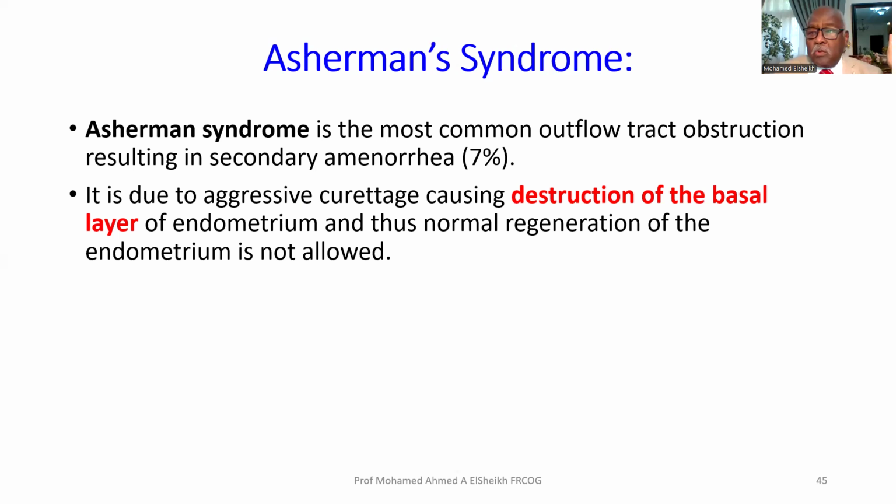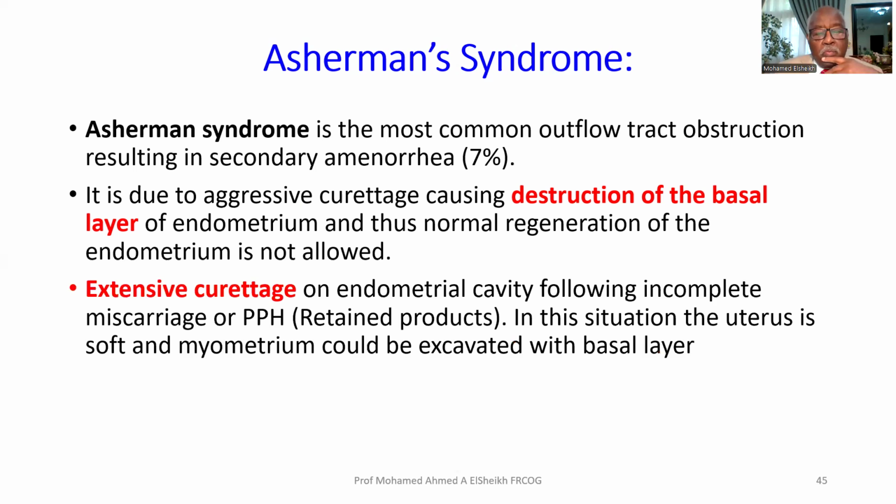Aggressive curettage causes destruction of the basal layer, because in curettage we take the superficial layer or the middle part of it. But if you take the basal layer, which normally regrows for the next cycle to occur, that may lead to Asherman syndrome, whereby an endometrial cavity following incomplete miscarriage or postpartum hemorrhage retains products.